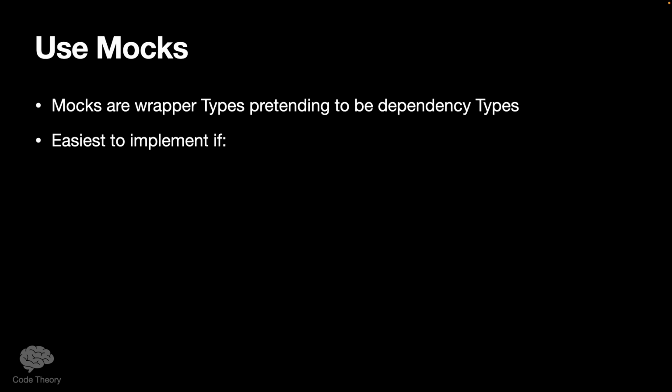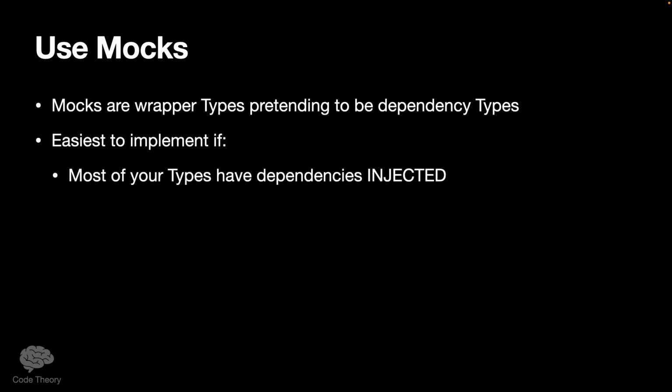So this is easiest to implement. Mocks are easiest to implement if most of your types have their dependencies, like URL session, injected. And injected is, as I just said, either it is defined in the initializer or it is a property that gets set by some external actor, someone who owns that type and creates it, right?